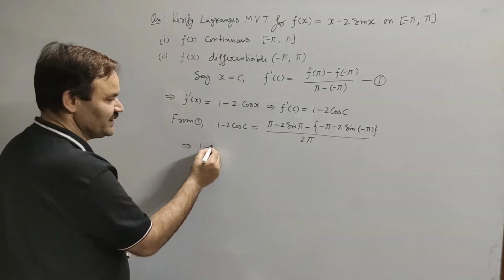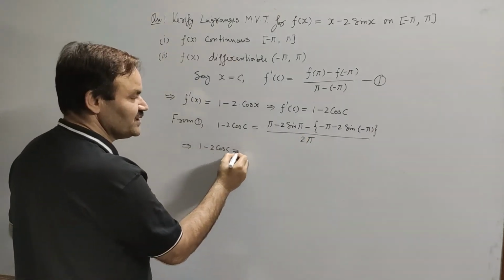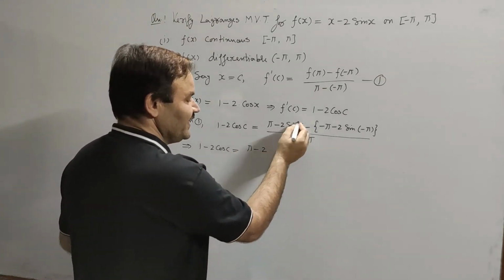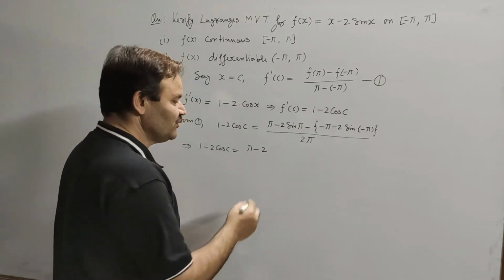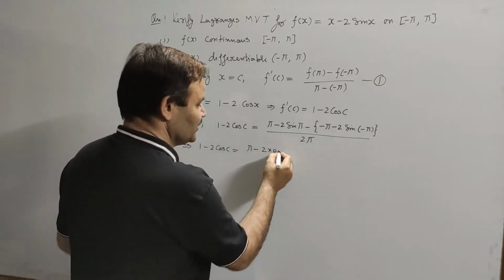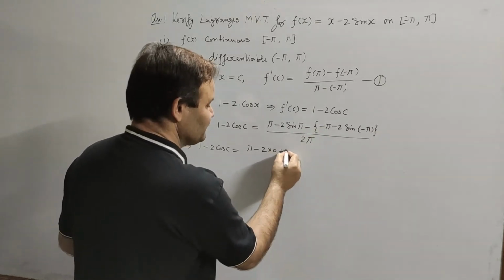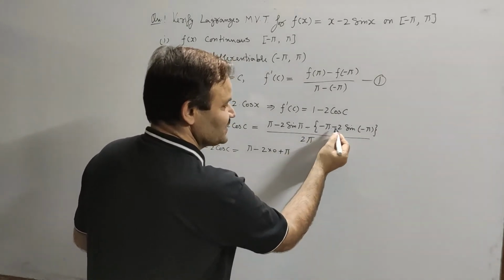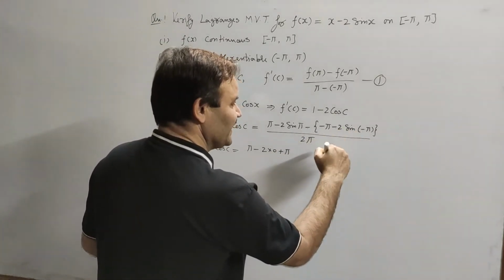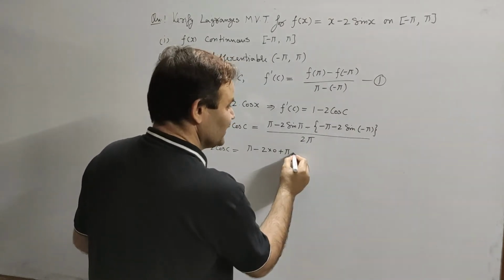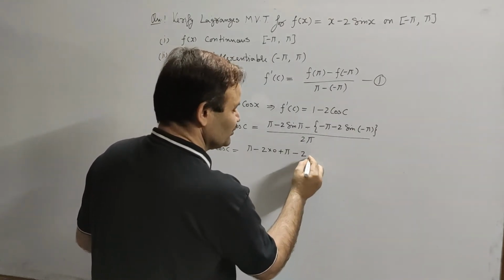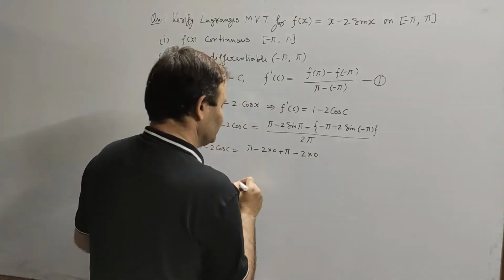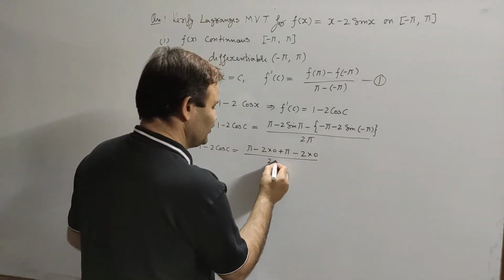This implies 1 minus 2 cos c is equal to pi minus 2, and the value of sin 180 degrees is 0, so 2 into 0 minus minus pi means plus pi. Sin minus pi will be minus sin pi, so minus 2 sin pi is 0, so 2 into 0, divided by 2 pi.